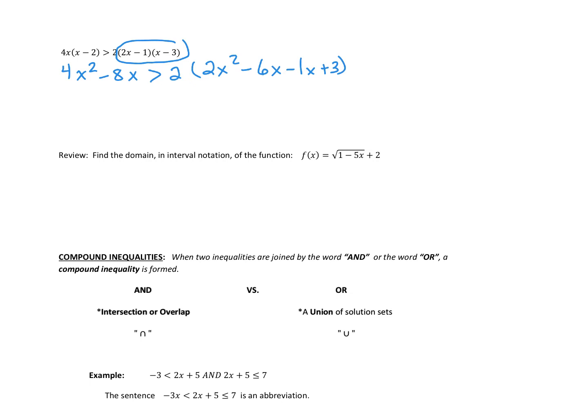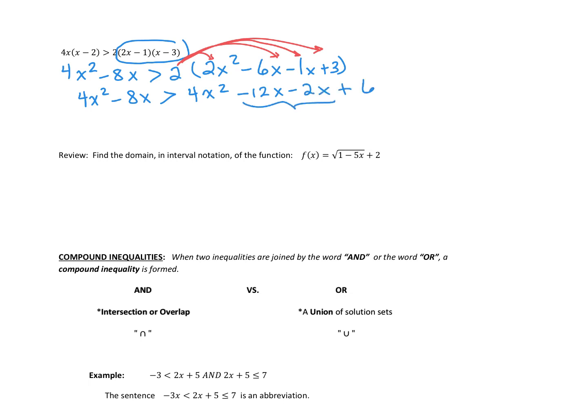The next step would be to distribute this 2 through all 4 of those. And we're going to have 4x squared minus 8x is greater than 4x squared minus 12x minus 2x plus 6. I could have, by the way, combined these before, but I didn't.